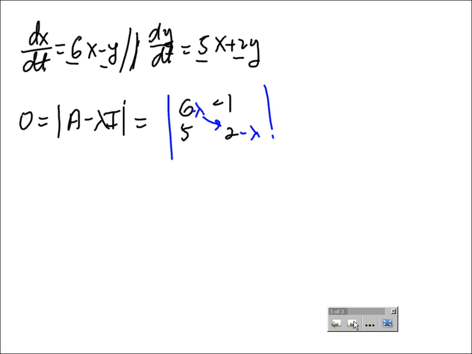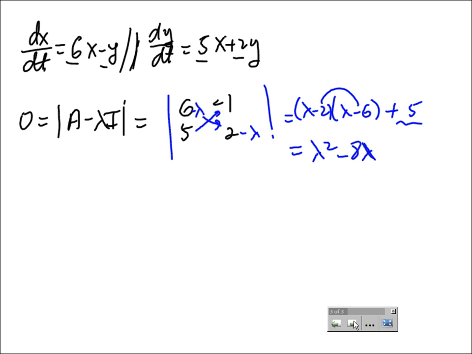So it'll be that product, which is lambda minus 2 times lambda minus 6, minus that product, which is negative 5. So it becomes plus 5. We have lambda squared minus 8 lambda plus 12 plus 5, which is plus 17. So A is 1, B is negative 8, and C is 17.